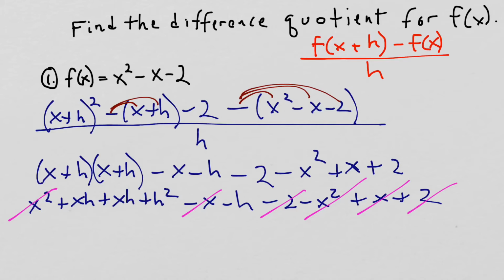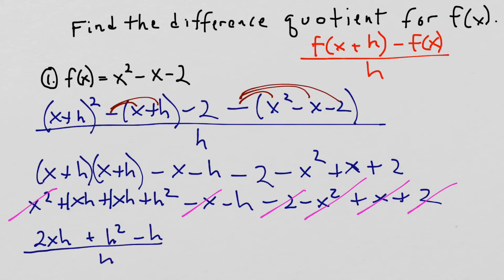All right, so we're left with 1xh. Okay, wait a minute. 1xh plus 1xh, that's 2xh, plus h squared minus h. All right, so this is all over h.